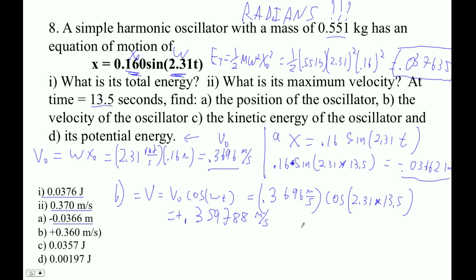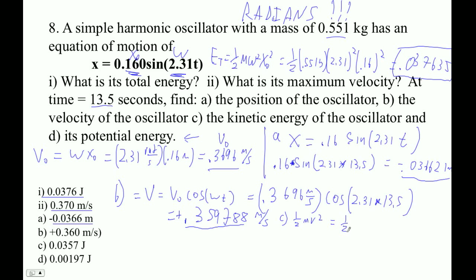Okay. Find the kinetic energy of the oscillator. Well, there's lots of ways to find the kinetic energy here, okay? Since we know the velocity, the simplest way for C would just be 1/2 mv squared. 1/2 mv squared is kinetic energy, right?